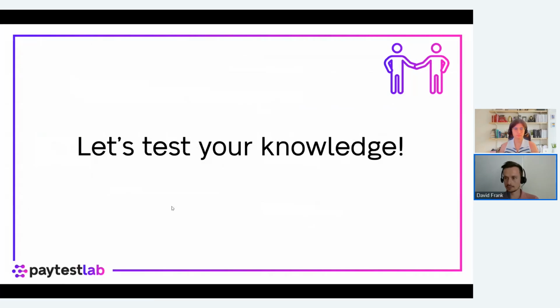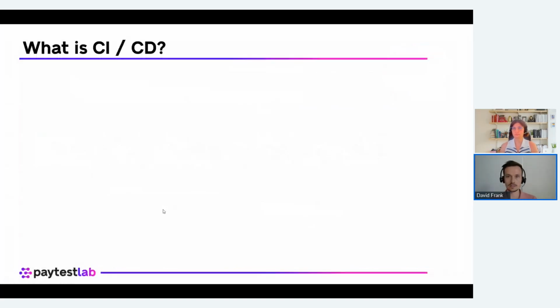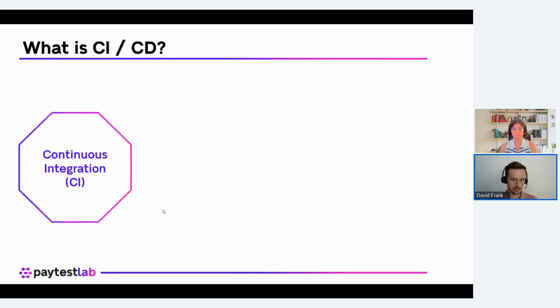All right, let's start with the introduction into continuous integration and continuous deployment. What is CI/CD and what does it actually stand for? We start with continuous integration. Imagine you have multiple developers working on the same code, and they need to test their individual code snippets on one build on the test framework.